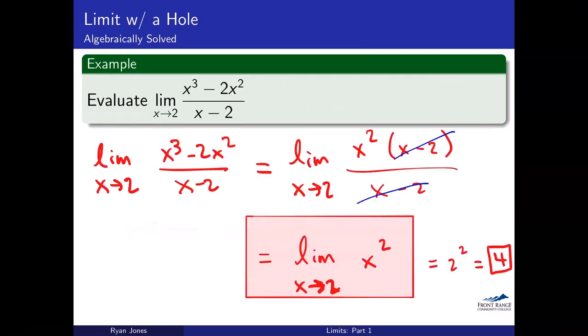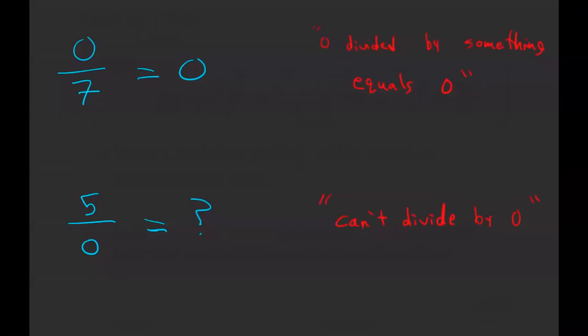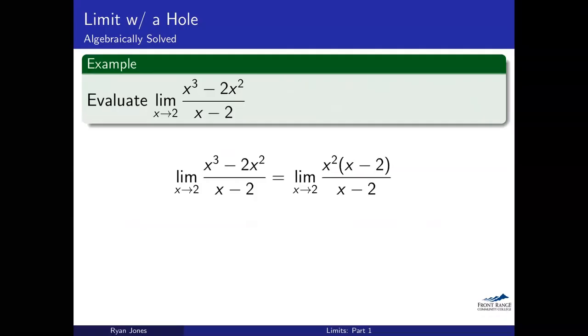We did that here. We did the factoring, we canceled, we plugged in. That's all fine and fantastic. But at the very start of the problem, you would probably recognize that you'd get 0 over 0, and you'd say, that's bad, I can't do that, I have to do something else. And that something else is exactly this factoring that you already saw me do.